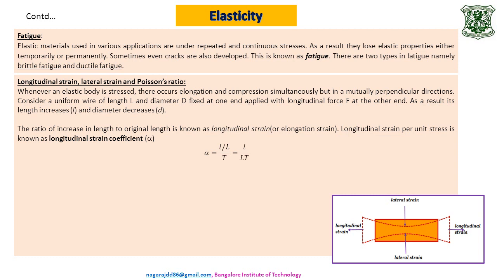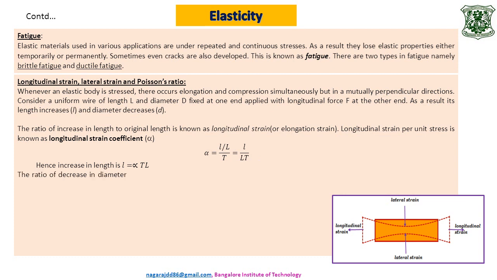That is change in the length to the original length per unit stress, or increase in the length divided by original length into applied stress. Hence, increase in the length can be written as l = alpha T L. So you just cross multiply, you get l = alpha L T. That's all about longitudinal or elongation strain.